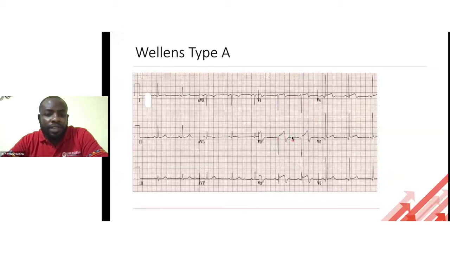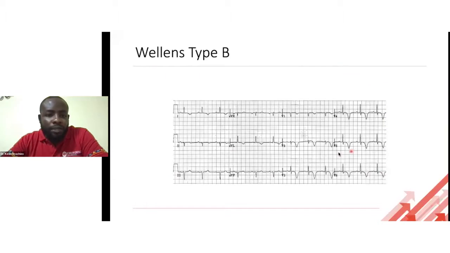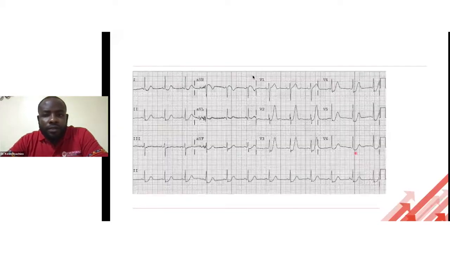So if you give it time, which you should not, it will eventually become a proper STEMI. Now you'll see proper ST elevations spanning V2, V3, V4. That is Wellens syndrome. This is Wellens type B. Type A is biphasic T waves. Type B is T wave inversions, especially in the precordial leads.